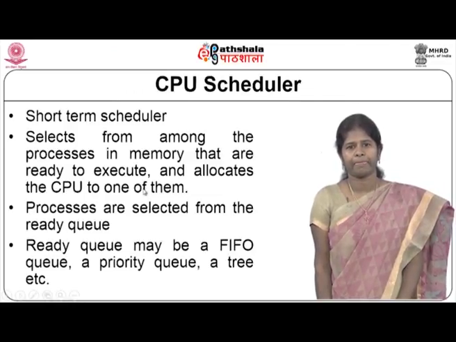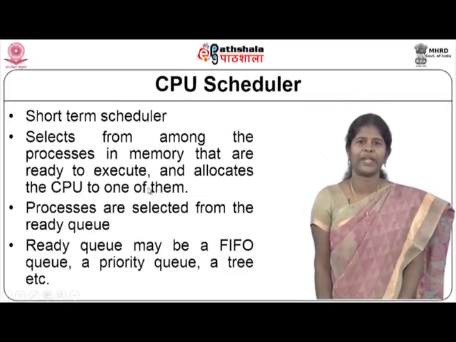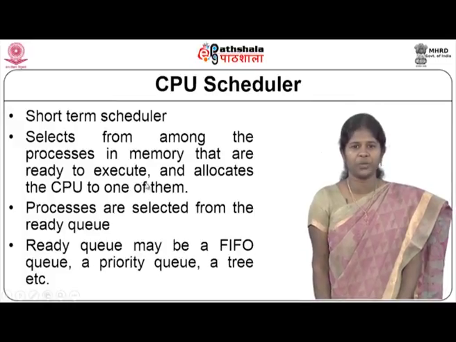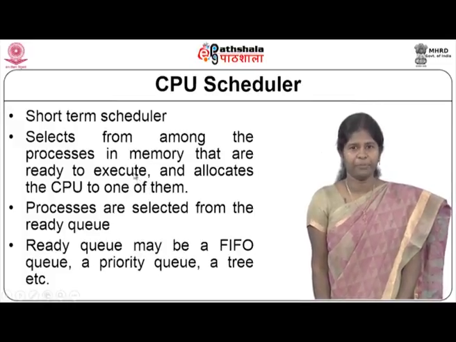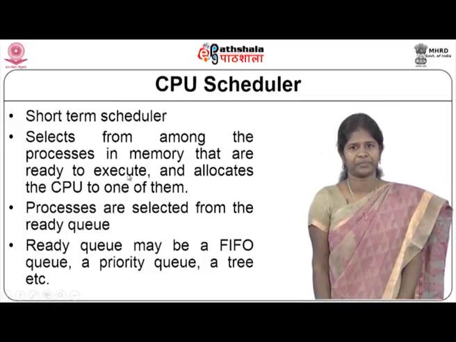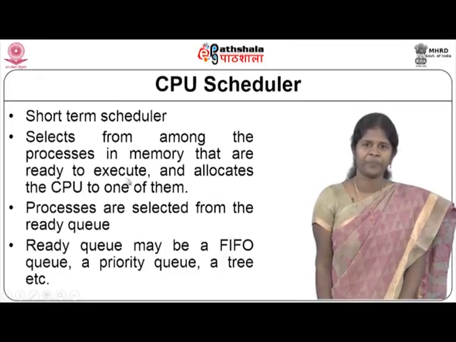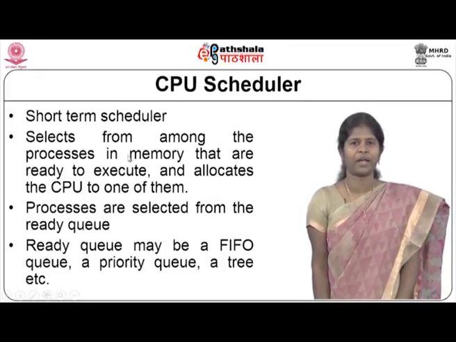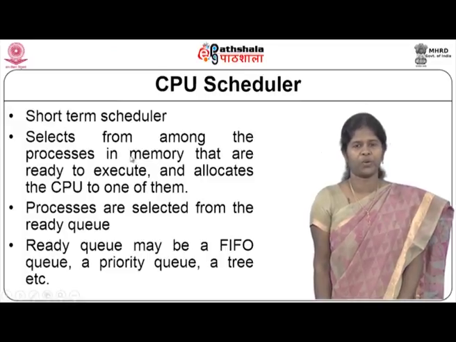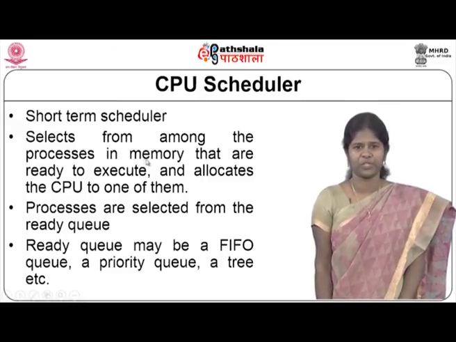Now, having seen the basics, we will learn about what CPU scheduling is and what a CPU scheduler is. The CPU scheduler is also called the short-term scheduler. What does it do? There are a number of programs waiting in the memory, in the ready queue, waiting to get executed.